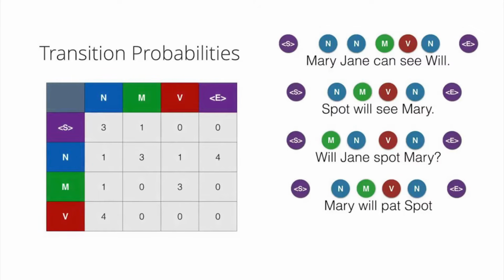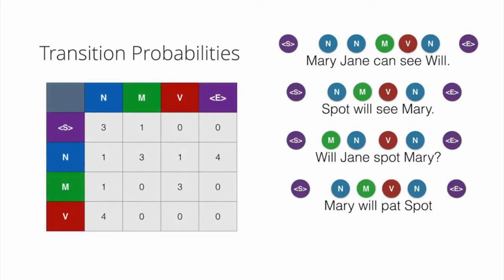So we add start tags and end tags, and we create a table in which we state how many times the start tag was followed by a noun. The start tag was followed by noun 3 times in Mary Jane can see will, Spot will see Mary, Mary will pat Spot. Each of these times the start word was a noun.